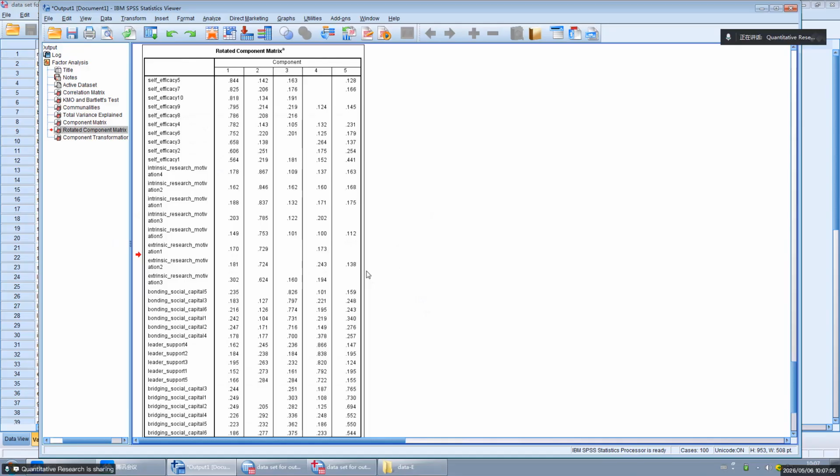Any other problems? In addition to cross-loading.